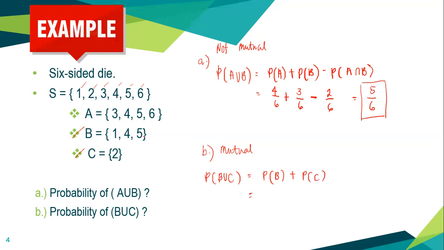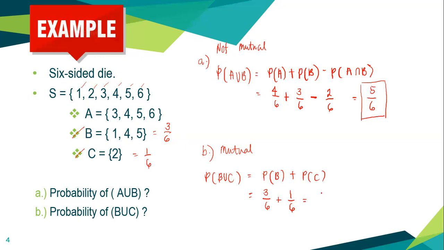Then, lagyan natin ng data. But before that, kunin muna natin ang probability ni B. That is 3 over 6. Then, kay C is 1 over 6. Kasi isa lang naman yung outcome niya, kaya 1 ang numerator, then 6, kasi 6 yung total outcome. Okay? So, let's put here 3 over 6 plus 1 over 6.